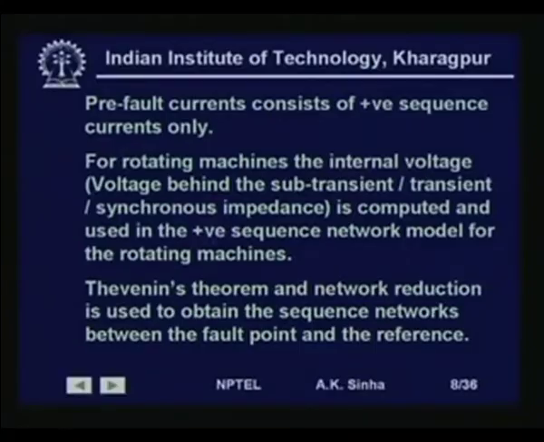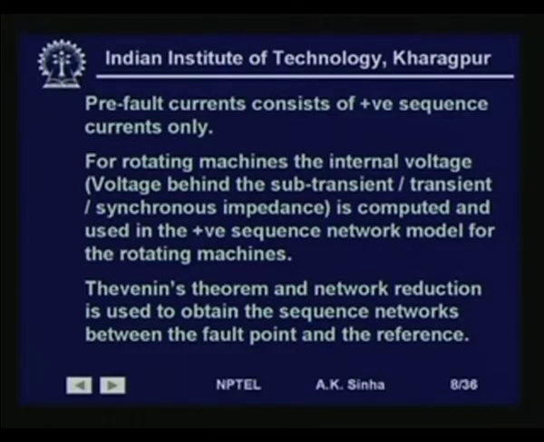For rotating machines, the internal voltages, that is, the voltages behind the subtransient, transient or synchronous impedance, are computed and used in the positive sequence network. This is what we had seen when we talked about the symmetrical three-phase fault analysis in lesson 26.